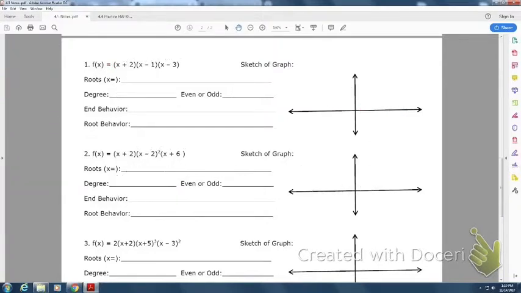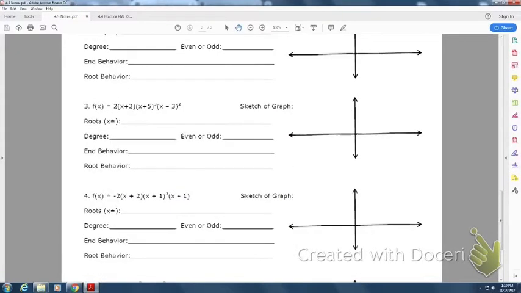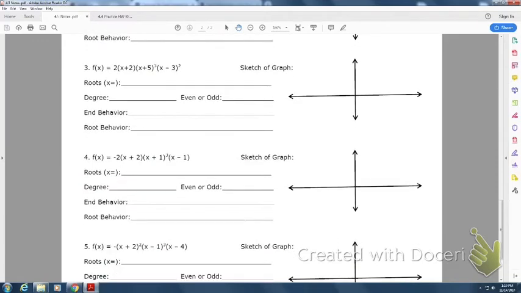Going to number 3. Mr. Carter, what are my roots on number 3? X equals -2. X equals -5. X equals 3.